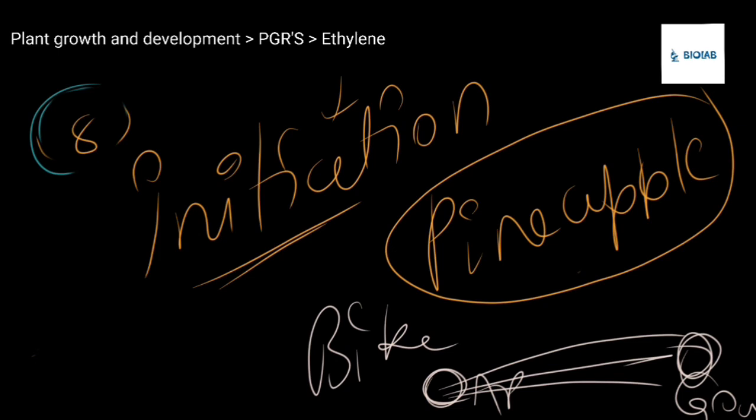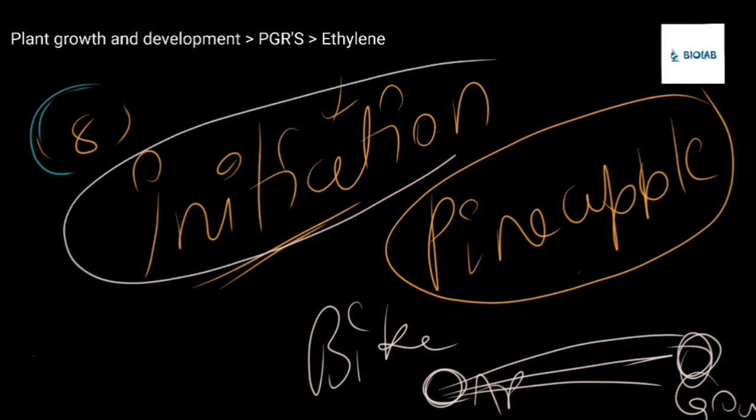Our hands keep itching if the roads are empty, so we rise the bike. So rising of the bike is promotion of the speed, and that activity is done by auxins in pineapples. The starting of the bike is initiation of our journey, and that is done by ethylene in pineapples. It initiates flowering in pineapples, and it ensures a synchronized fruit set in these pineapples.